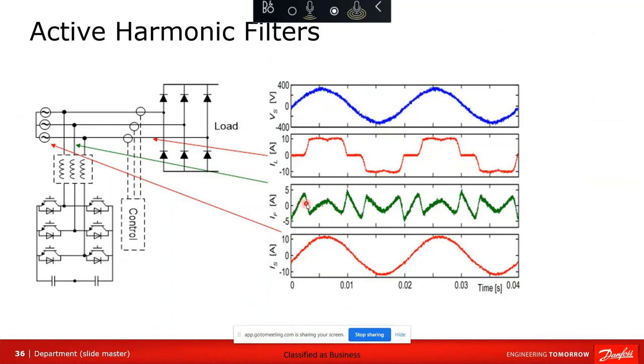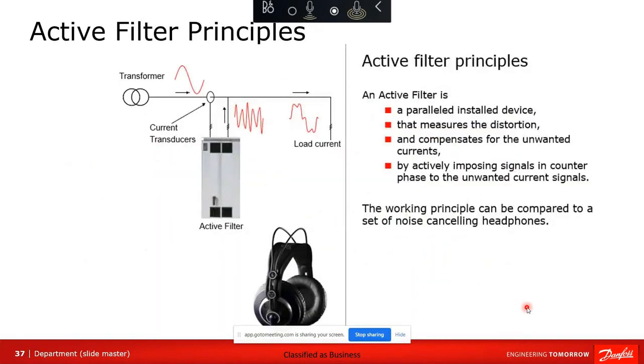We have a signal that we're injecting back into the system to create the nice clean sine waveform. And there's my noise canceling headphones. A parallel installed device measures the distortion, compensates for unwanted current, actively imposing signals in counterphase to the unwanted current signals.